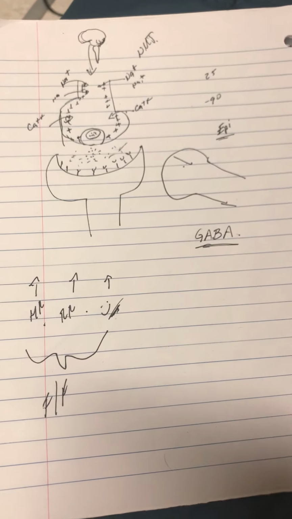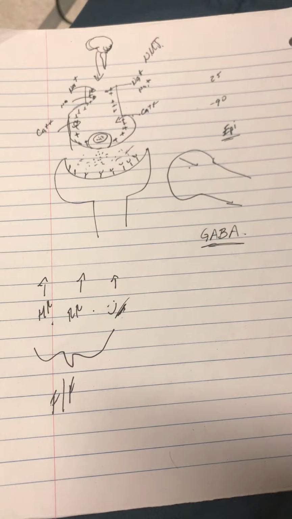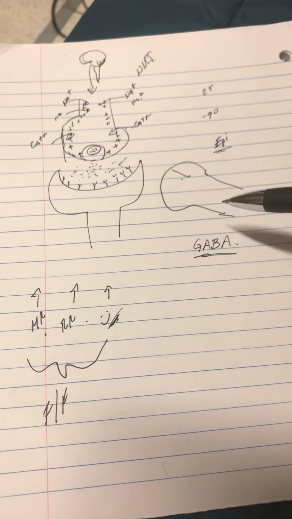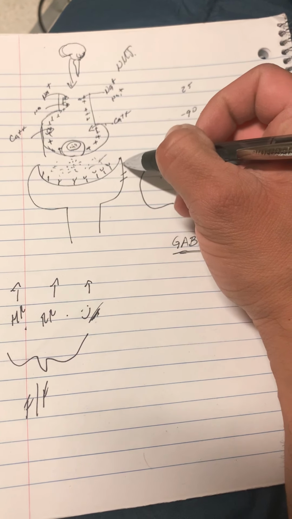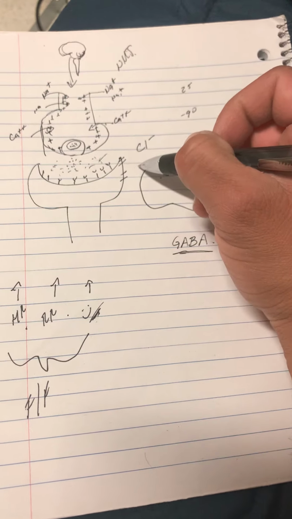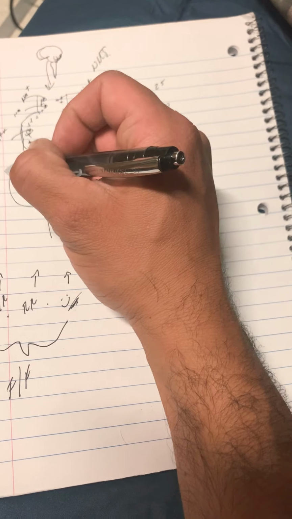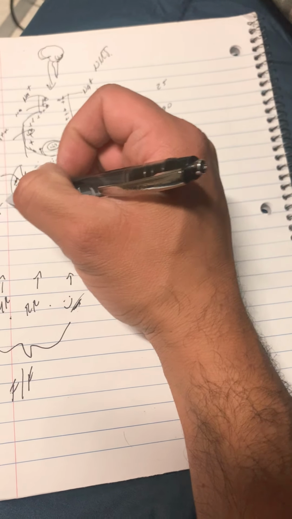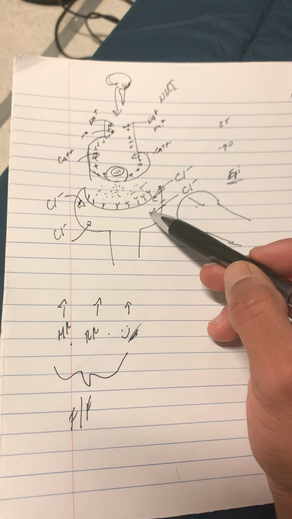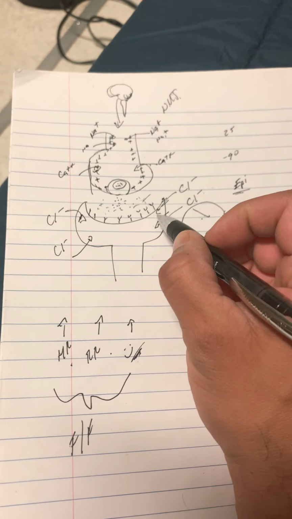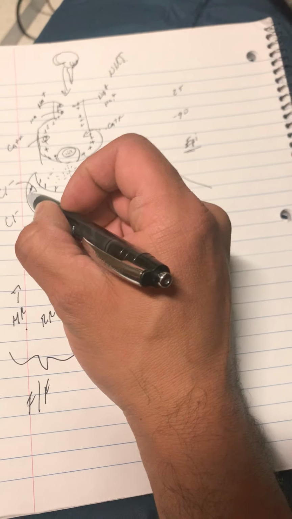What is the purpose of GABA? It's very complex, man. I don't want to confuse you or lose you, so I'm going to simplify GABA. What GABA does, GABA opens some channels right here that allow the influx of chloride. So now let's think about this. Chloride is a negative ion, it's an anion. The influx of chloride into the cell will make the inside more negative.